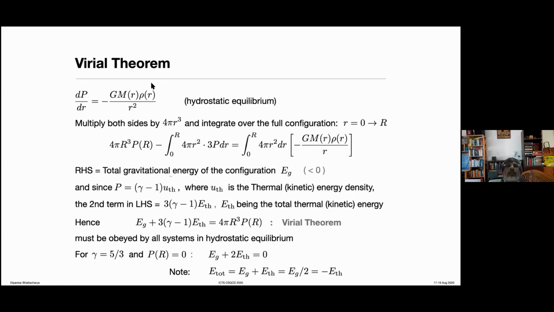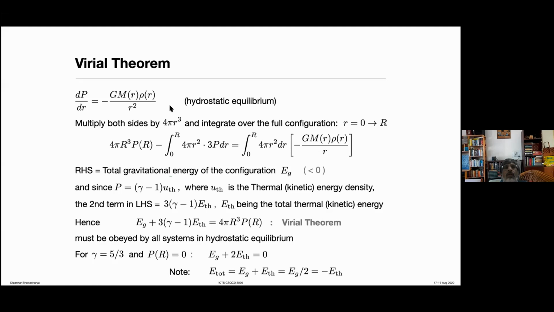So we start with the hydrostatic equilibrium equation, that is dP/dr equals minus G M(r) rho(r) over r squared. We now multiply both sides by 4 pi r cubed and integrate it over the full configuration from 0 to capital R, being the radius of the configuration. Left-hand side, we integrate by parts.